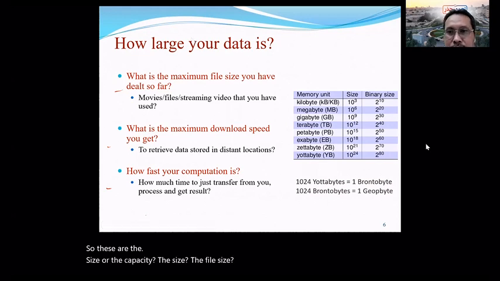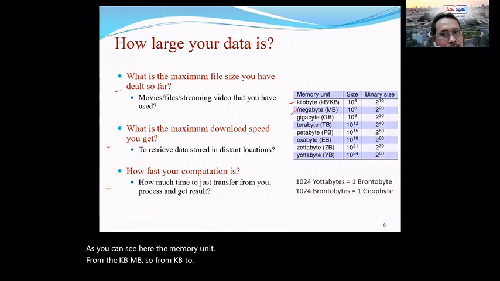As you can see here, the memory units from kilobyte, megabyte. A kilobyte is actually 10 to the power 3 bytes. A megabyte is a kilobyte times 1000, times 10 to the power 3 and so on.